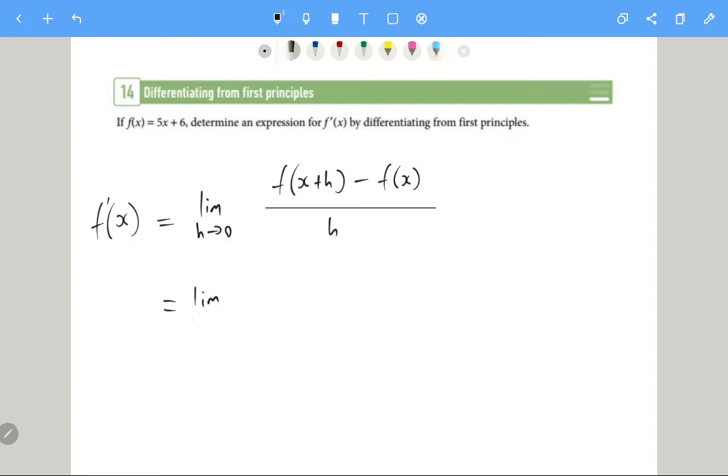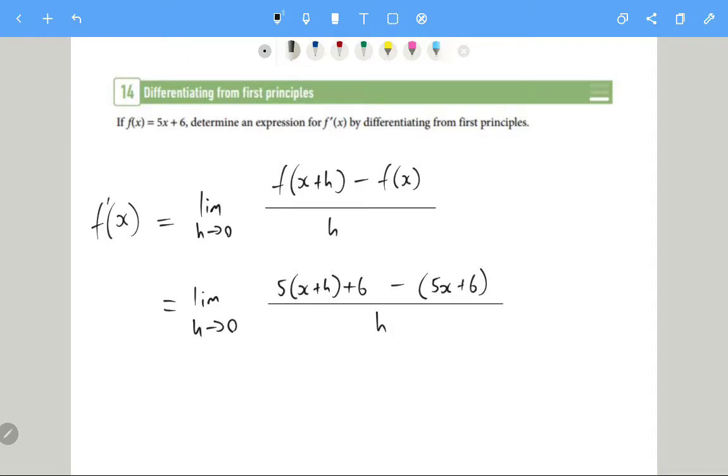We can't evaluate the limit yet, and the main reason we can't is because there's an h on the bottom. Currently, if we set h equal to 0, that's going to cause an issue. So let's evaluate the top and simplify as much as we can. Alrighty, 5 times x plus h, plus 6, minus the original function, 5x plus 6.